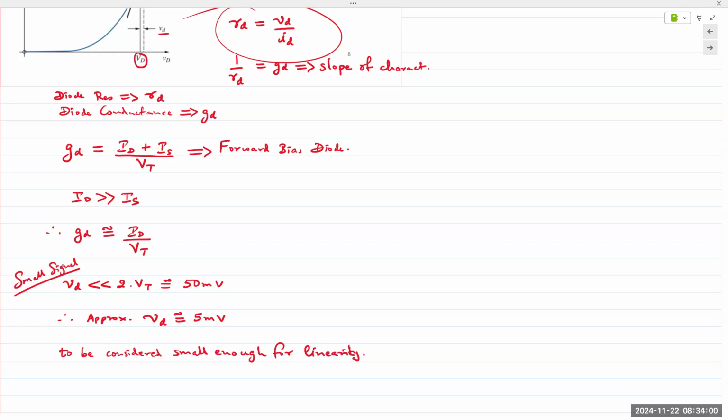Okay, to be considered small enough for linearity, the diode voltage from the applied AC must be less than 5 millivolts. Okay, these are also all part of the homework that is due next week.